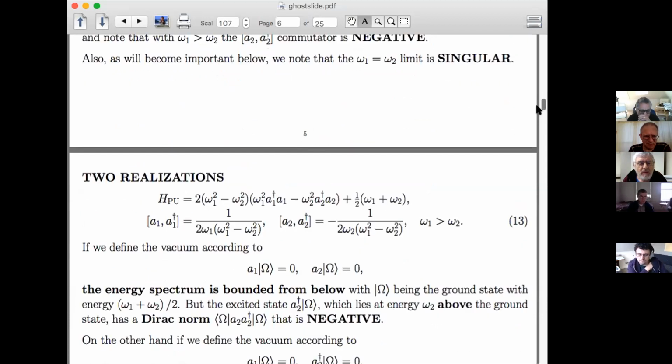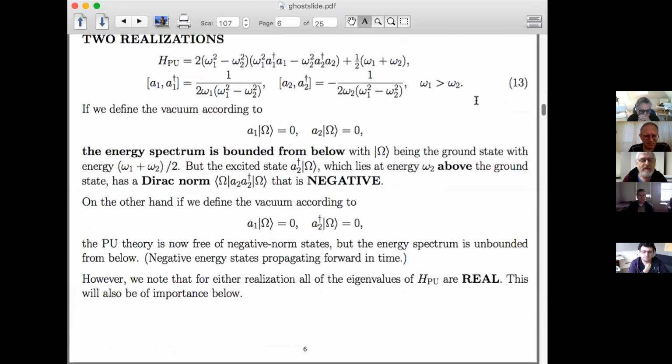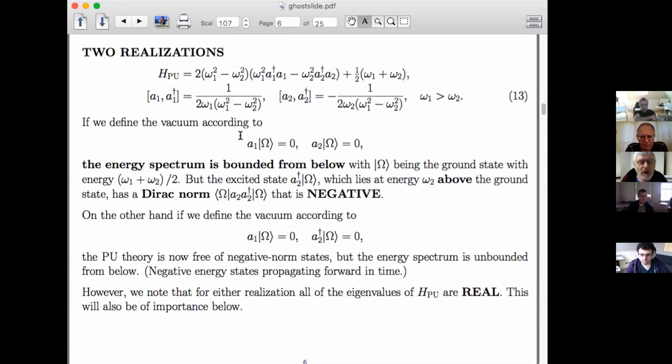So we've got a regular quantum mechanics. We have a fully familiar Hamiltonian, A1 with A1 dagger, A2 with A2 dagger, and it has two separate realizations. The normal one is you just define the vacuum such that A1 annihilates it and A2 annihilates it. And then what you see is, though there's a minus sign in the Hamiltonian, because of the second minus sign in the commutator, the A2 sector's energies are positive.